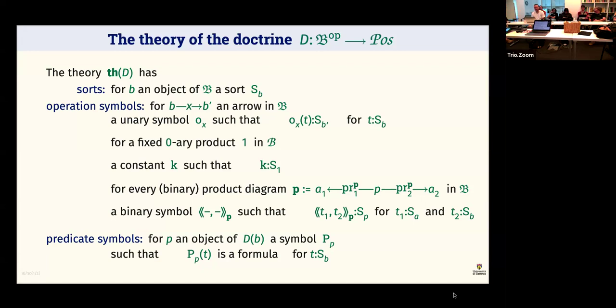But then I want a binary symbol which takes a term in the first sort and a term in the second sort and pairs them. And the notation is essentially that of pairing, but I changed it because this is a syntactic notation.